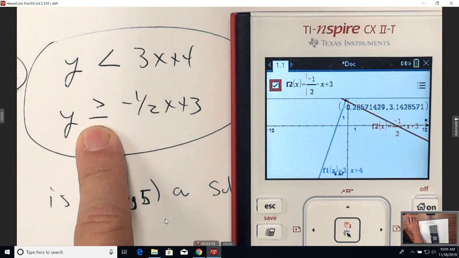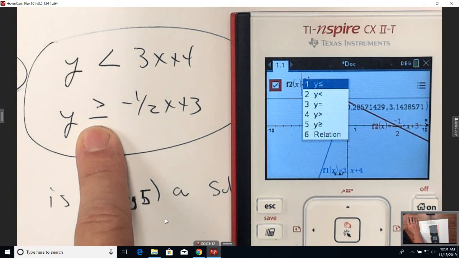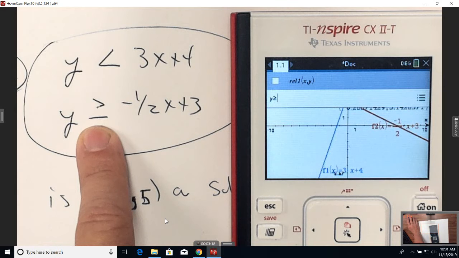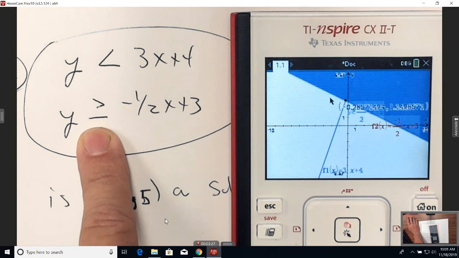Greater than or equal to. So I can just go over here and delete, and change that to y is greater than or equal to, which is number 5. And then what is it greater than or equal to? Negative 1/2 x plus 3. And there we go. You got it?